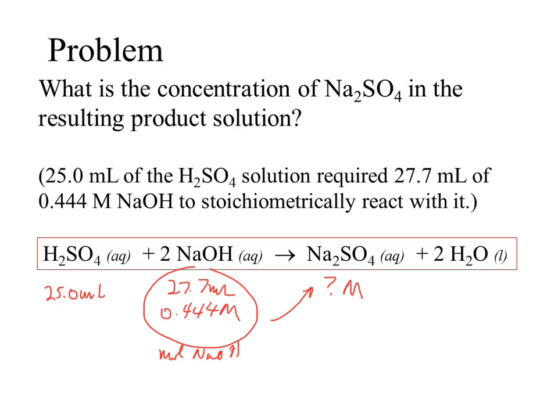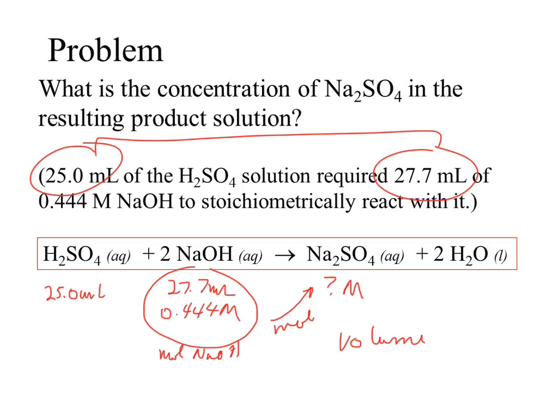The catch here is the volume, and we run into this when we're combining two solutions. Do you see the 25 milliliters and the 27.7 milliliters? That's the final solution volume. So whatever moles you get from stoichiometry, you have to divide by these two volumes added together. That's the catch.